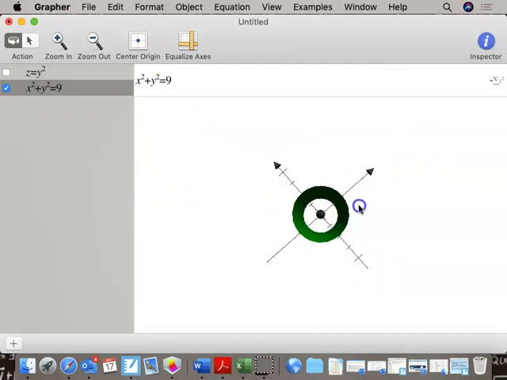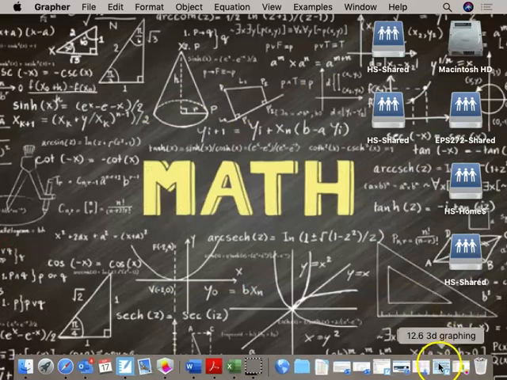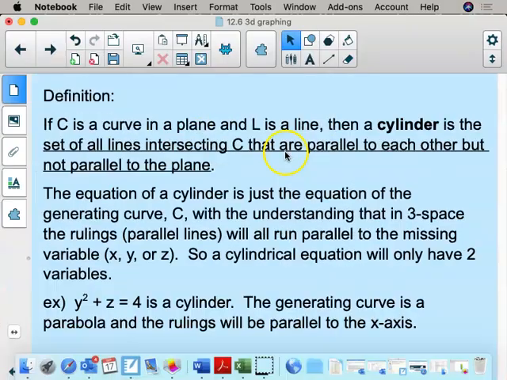There you go. All right, so now you know for real what a cylinder is. That was the first thing we needed to learn today, to help you understand what a cylinder was.